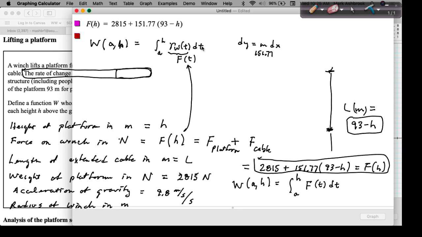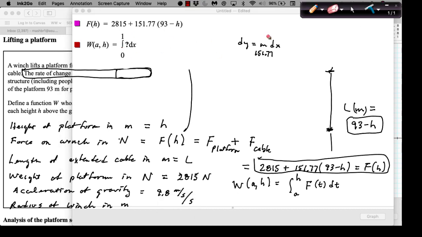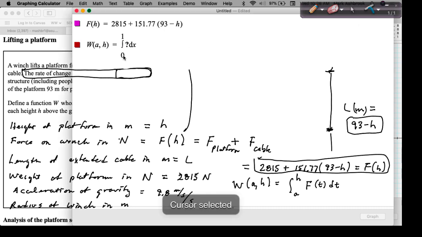Looking good so far? And then I can do my work from a to h equals the integral of f of t dt.